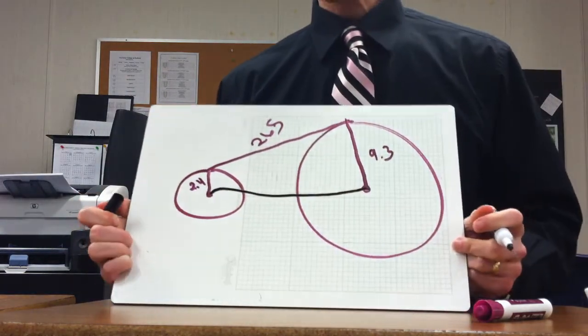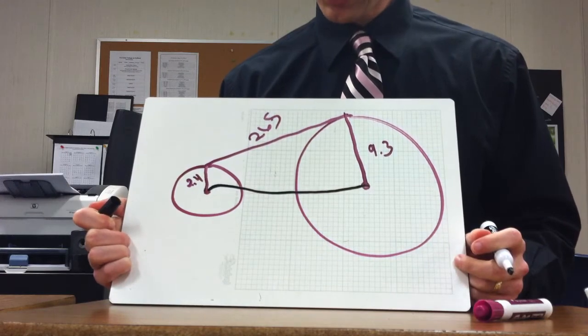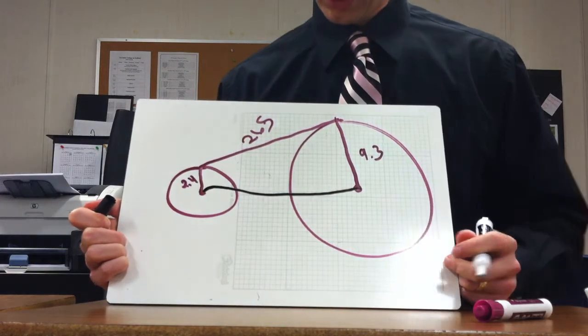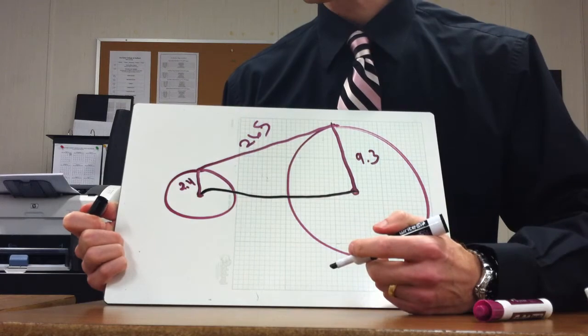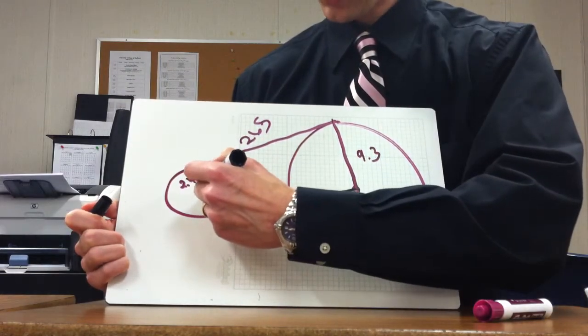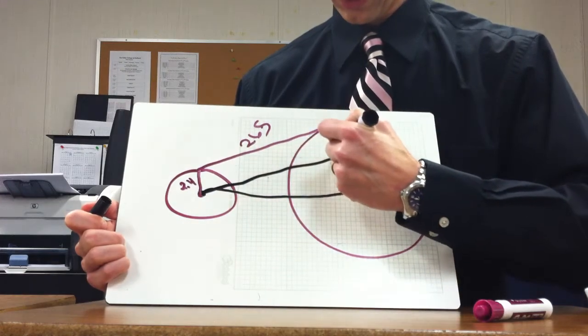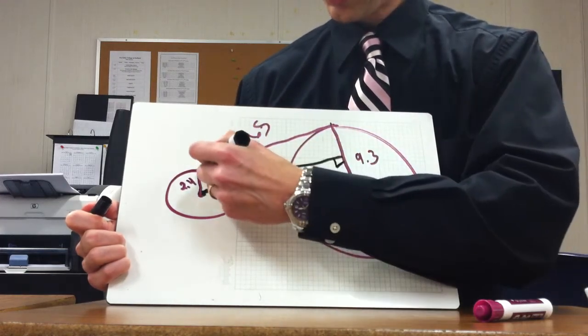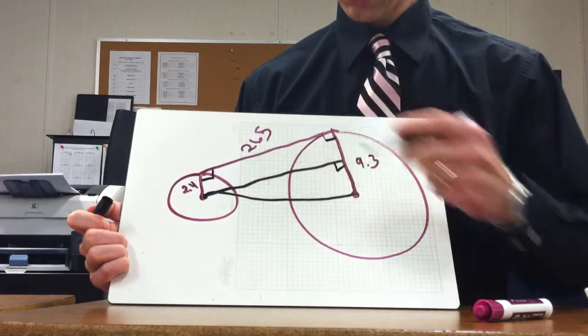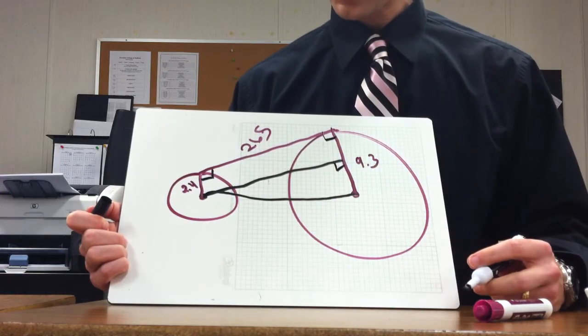Okay? What you want to do on this is you want to make a rectangle out of it. You want to go from the center of the small circle over here, such that you just created a rectangle, because you know that's a right angle and a right angle from the theorems we just had.